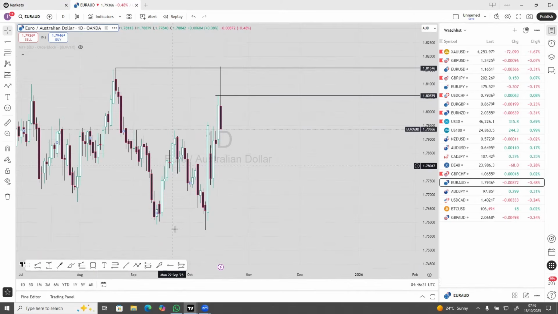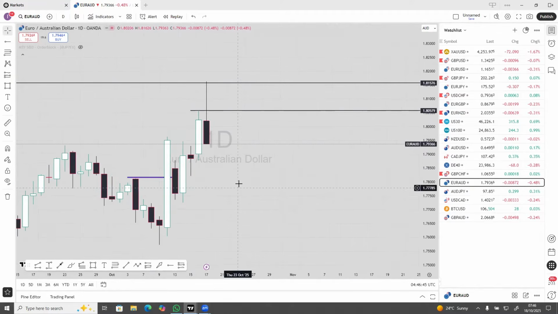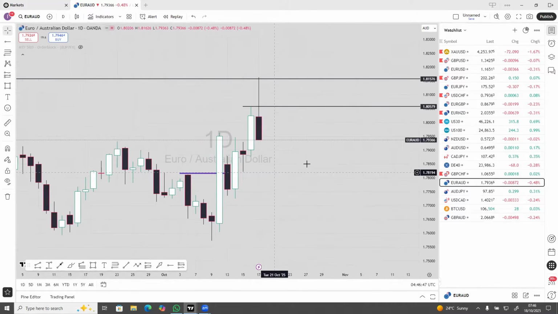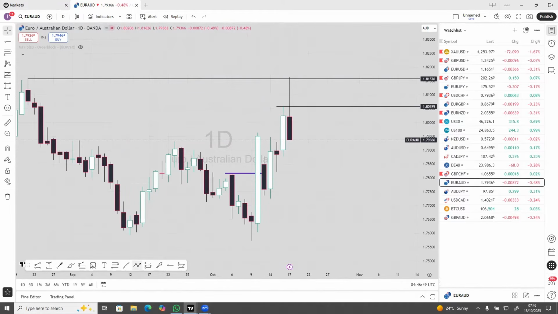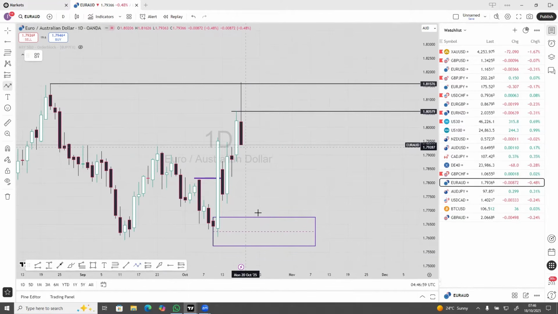Also there is a shift over here. That indicates we are in an uptrend, but there is a mitigated demand over here. So we expect price will be pushed down to this demand, and then you can get a buy from that demand. But that is the daily time frame.